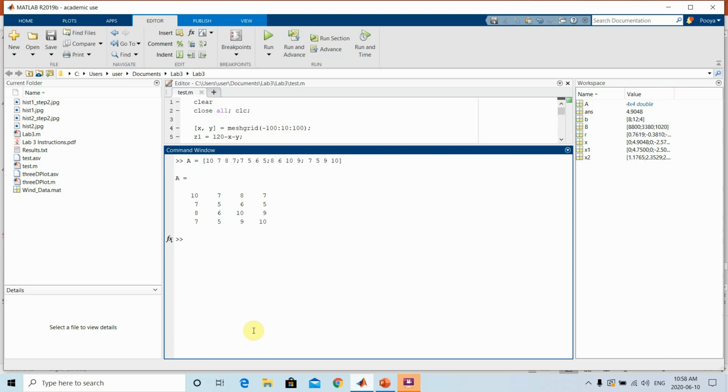Okay, so this is the matrix that we have. Let's look at the rcond of A. It's very small. It's very close to 0. So this is an ill-conditioned matrix.